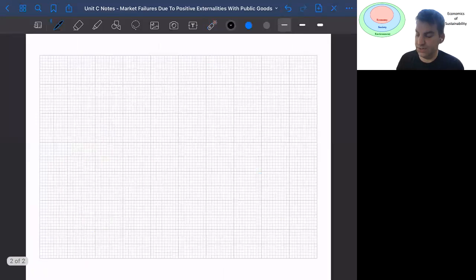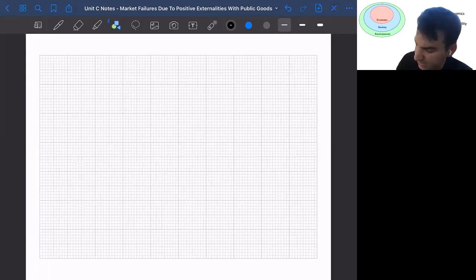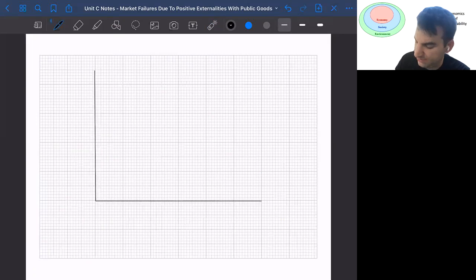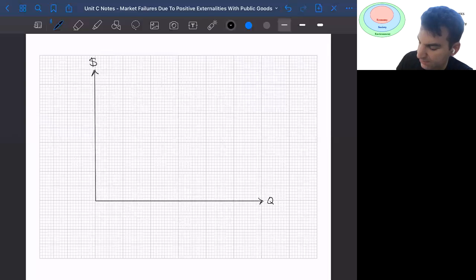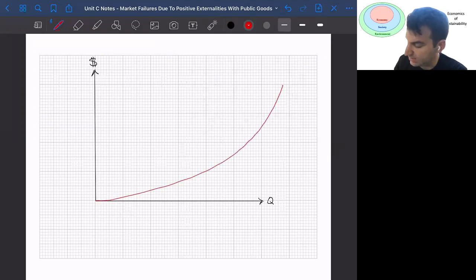Just for an additional interpretation, what we're seeing here, and this is just a sort of a rough sketch, is in terms of total benefit. So if we have our quantity supplied of the public good, and if we have our total benefit, then we basically know that the marginal cost is going to look something like this. So not the marginal cost, the total cost.